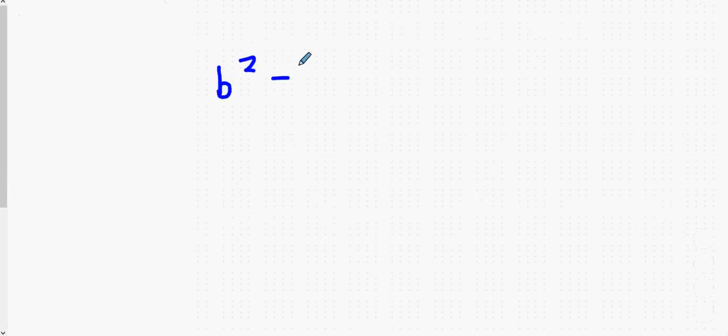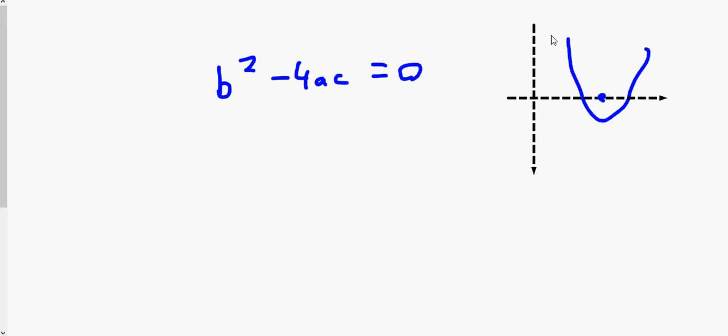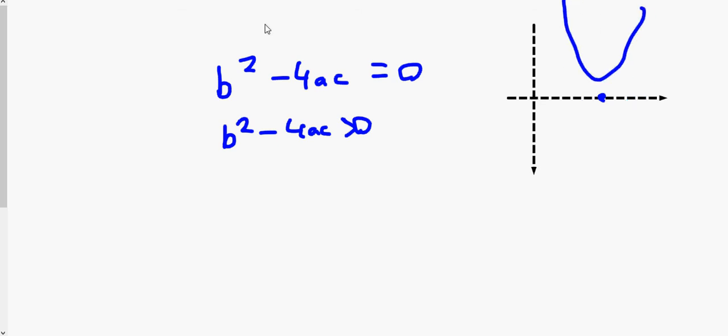You do b squared minus 4ac. If it equals 0, it means it's real, but only hits the axis once. Okay, cool with that? If it's greater than 0, what does that mean? It hits it twice. Everybody cool with that? If it's less than 0, what does that mean? It doesn't hit it at all, and there's no real roots. You cool with that? Alright.